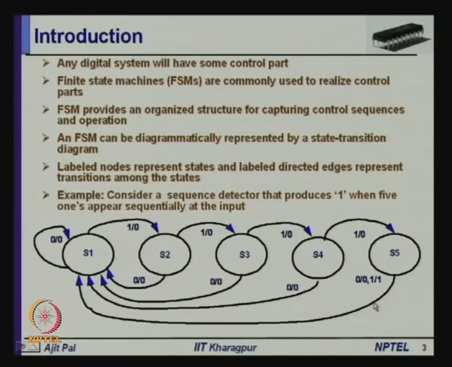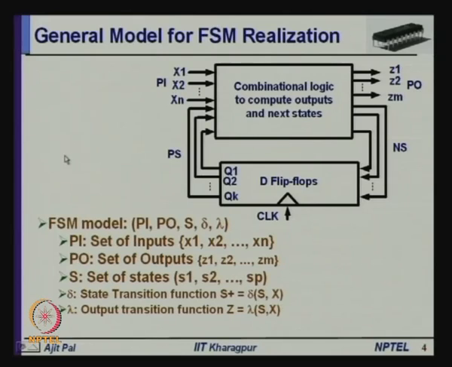Now comes the question of realization. This realization can be represented with the help of a generalized model. You can see this is the generalized model for finite state machine realization. It can be represented by a 5-tuple.